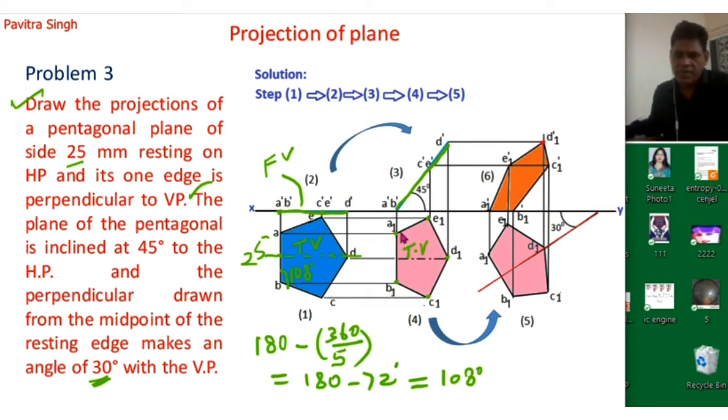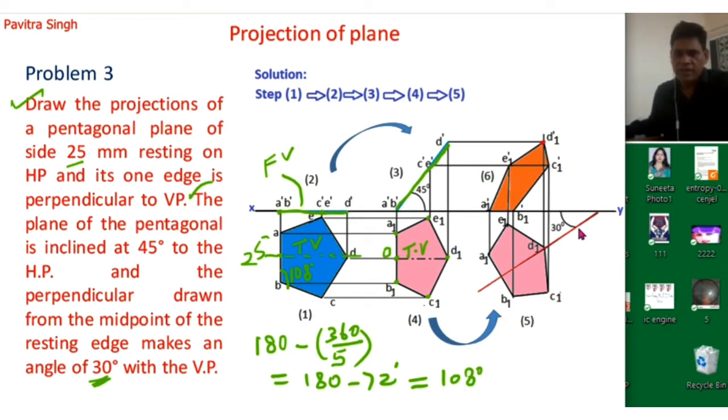This is the resting edge, which is perpendicular to the vertical plane, and the midpoint of this line is this. Suppose this is O. We have drawn this line OD1, which is the center line of this pentagonal plane. This line OD1 is inclined 30 degrees with the vertical plane.